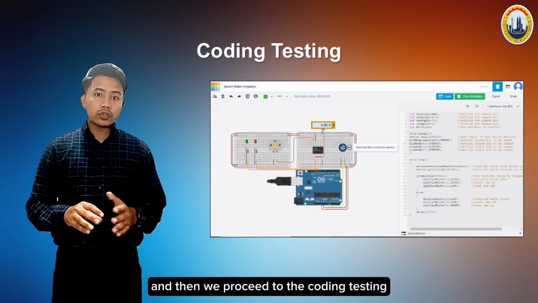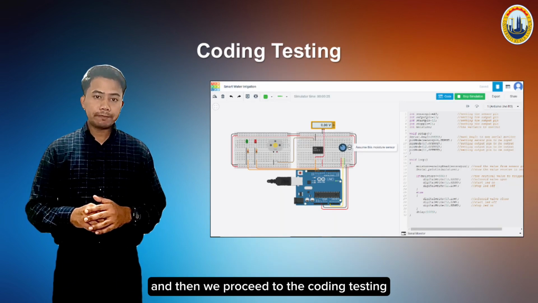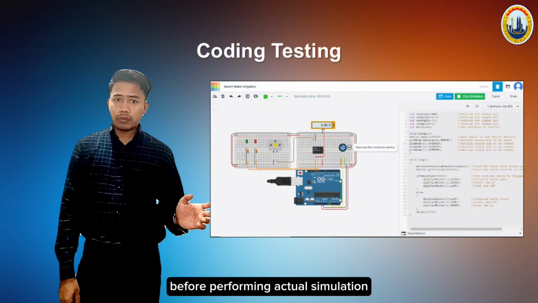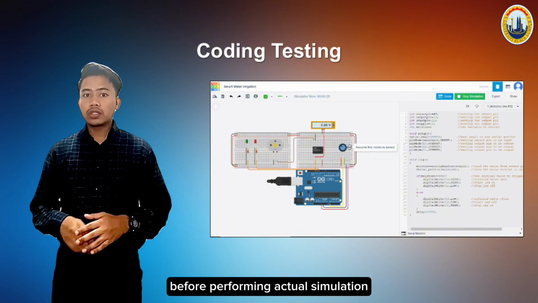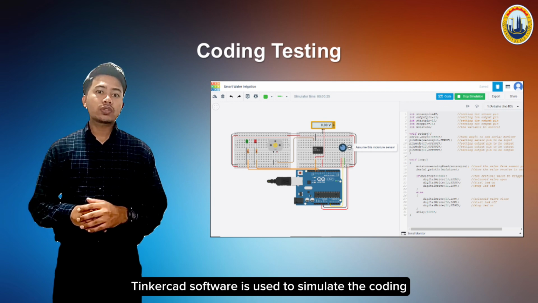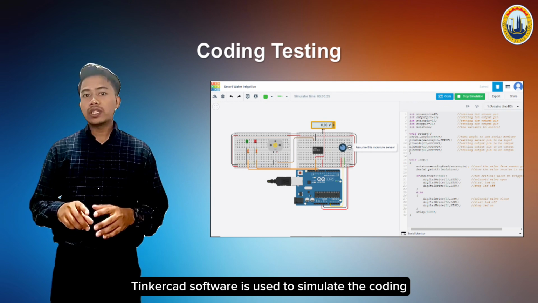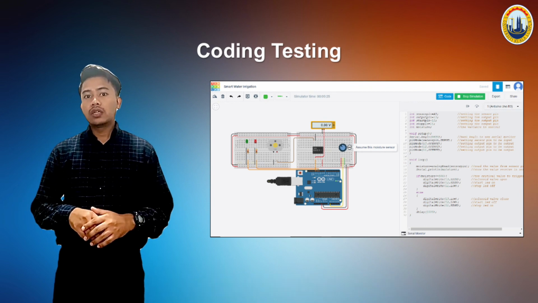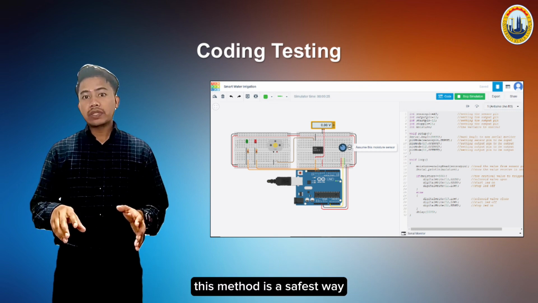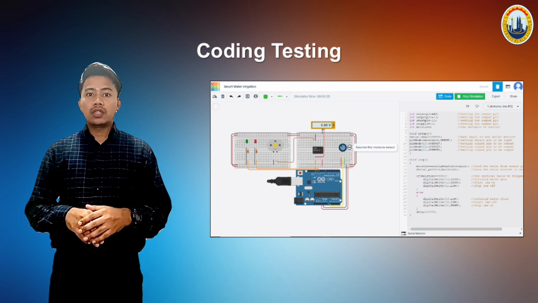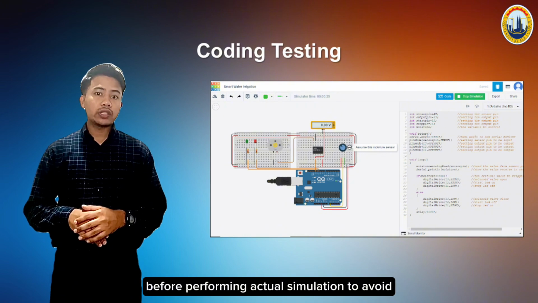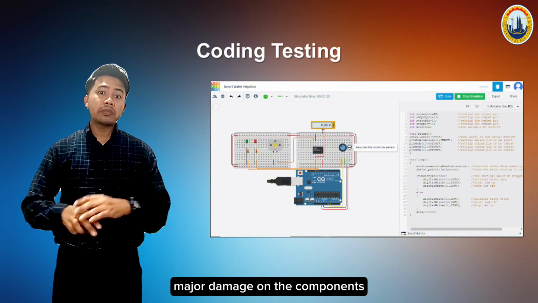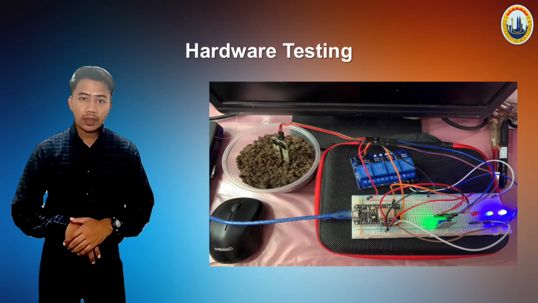And then we proceed to the coding testing. Before performing the actual simulation, Tinkercad software is used to simulate the coding that has been programmed. This method is a safe way before performing actual simulation to avoid major damage to the components.